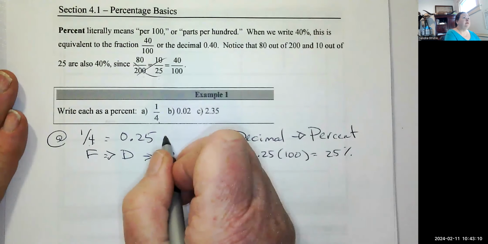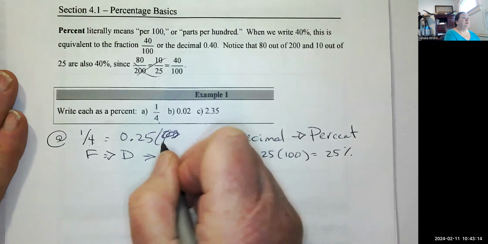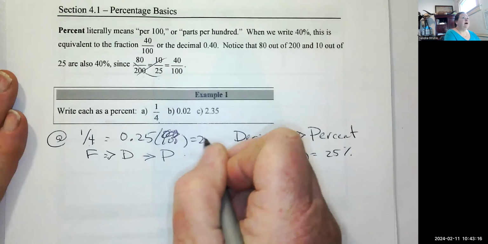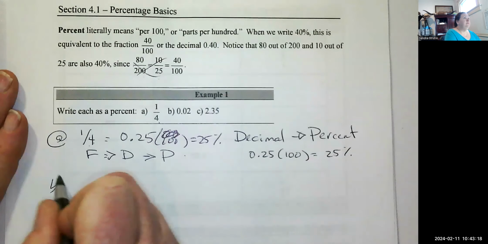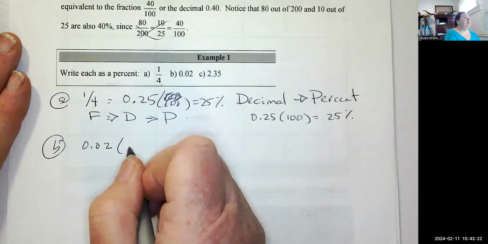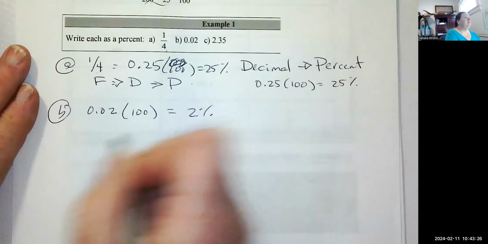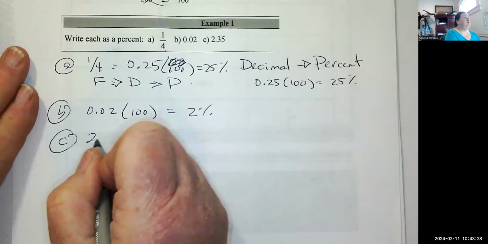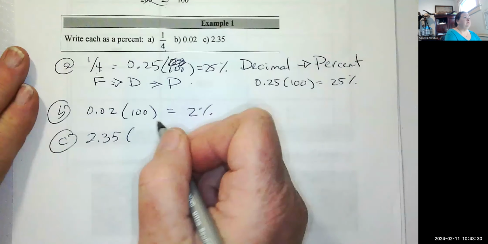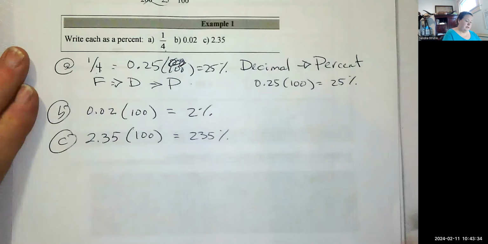So to percent, you multiply by 100 and you get 25%. For B, you get 0.02. To change from a decimal to a percent, just multiply by 100 and add the percent sign. C is 2.35. Changing it from a decimal to a percent, multiply it by 100 and add the percent sign.